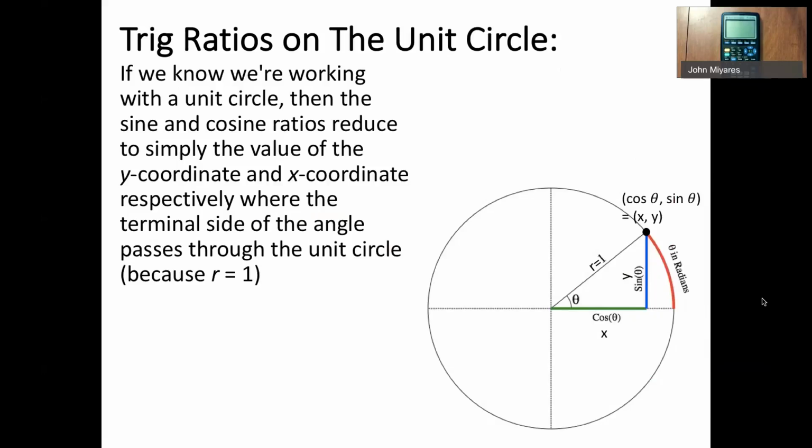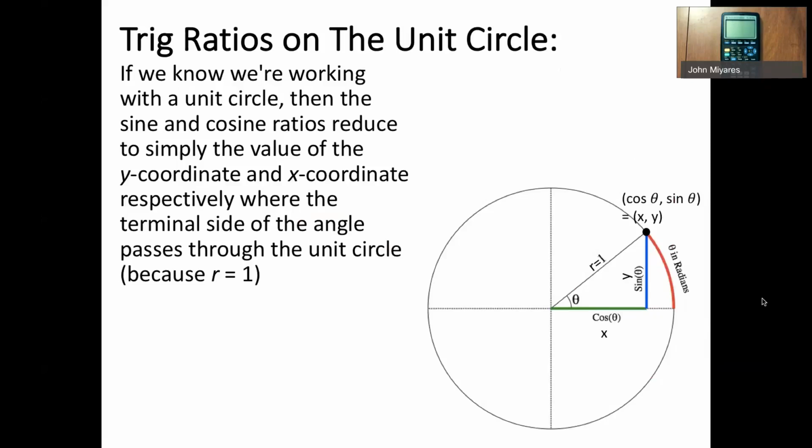Now, please note that these ideas are essentially the same as what we were working with in previous sections, except now r equals 1. Now, generally, I'm going to be just showing you these representations because they're in the book. And in this section, it's not that critical that you remember this setup because it really is a very specific situation which only applies to when we are working with the unit circle.